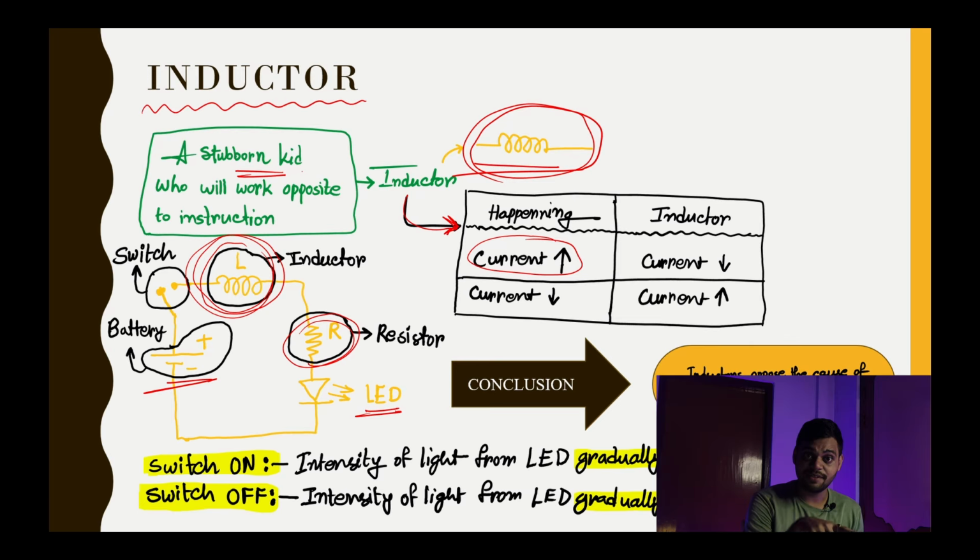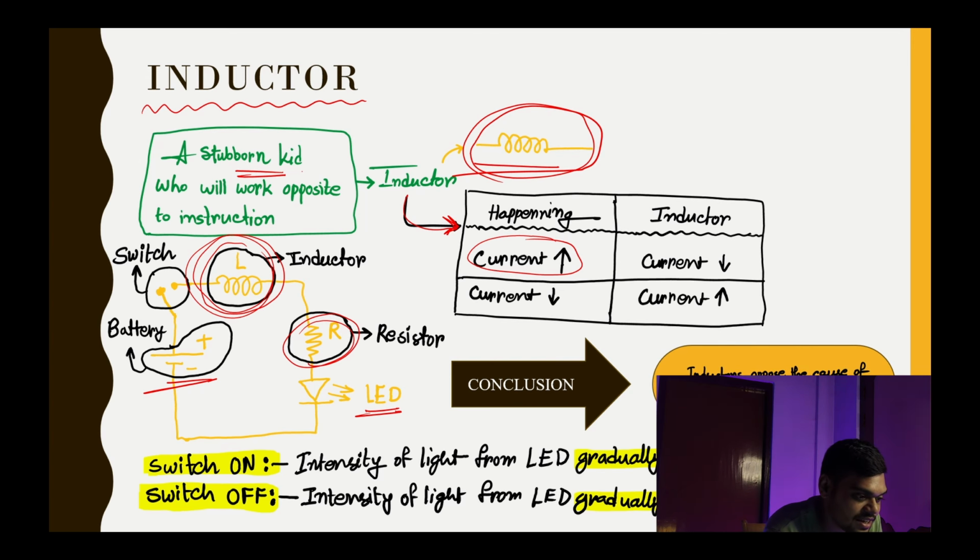Now we are talking about EMF, which you can say is a potential difference. So it creates an EMF, it creates another battery inside it with the opposite polarity of that initial battery we had discussed in the circuit.